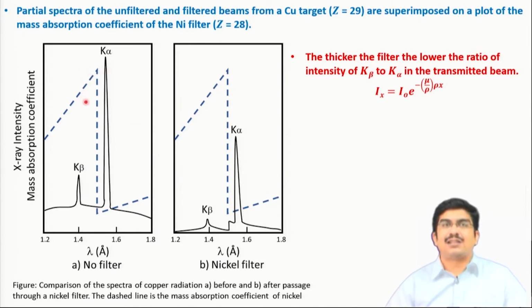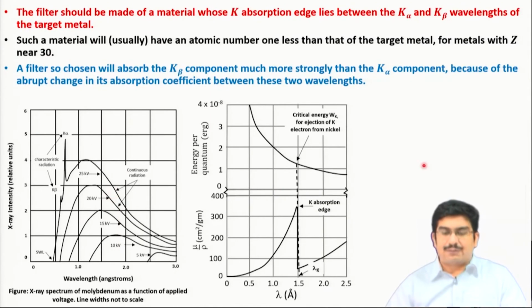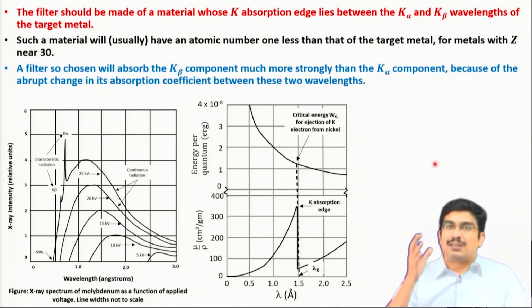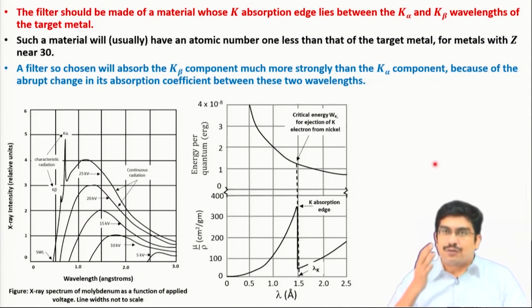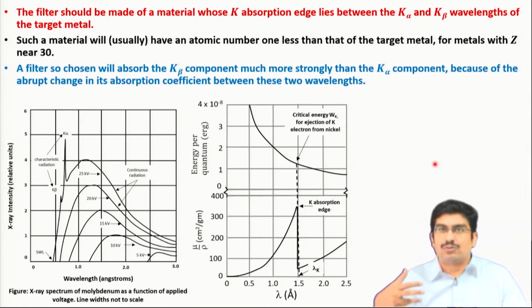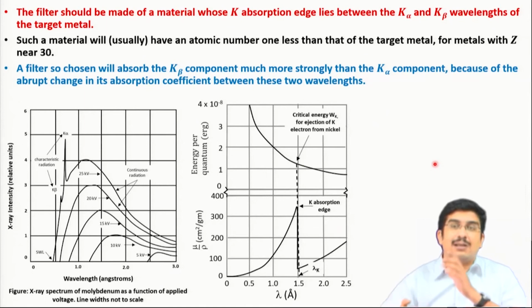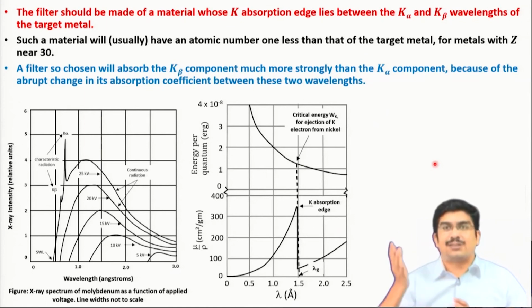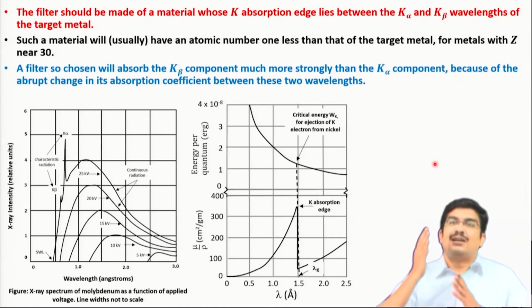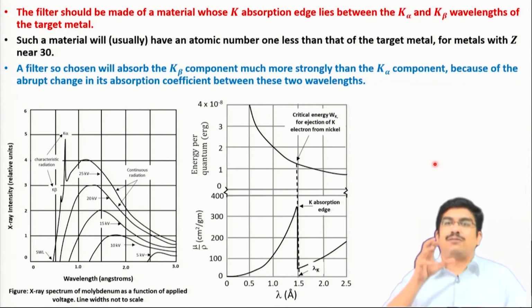The absorption coefficient is very high for the K beta line, whereas for the K alpha line, the absorption coefficient of nickel is pretty low. So, the K alpha radiation of copper can go through the nickel filter almost without absorption, but because of this absorption edge, the absorption coefficient of nickel will be sufficiently high to capture the K beta.